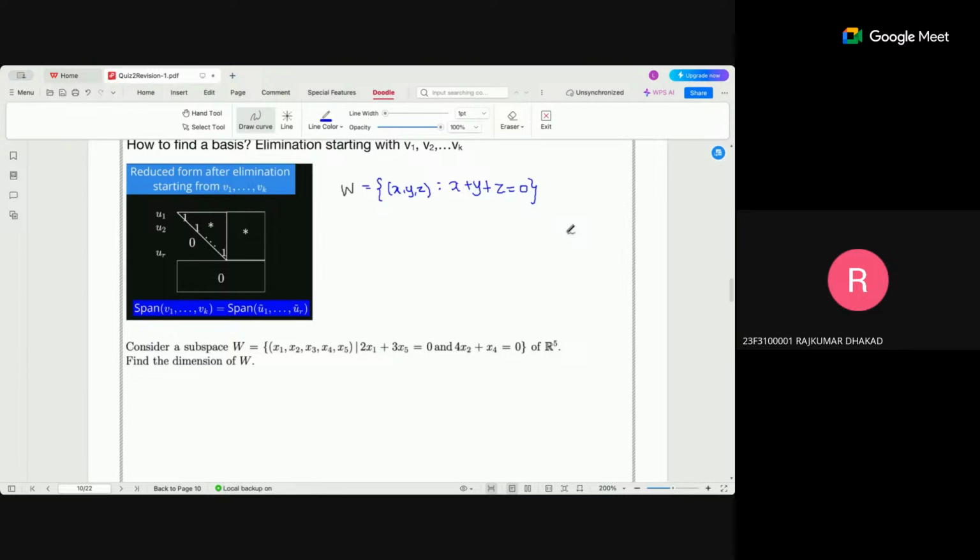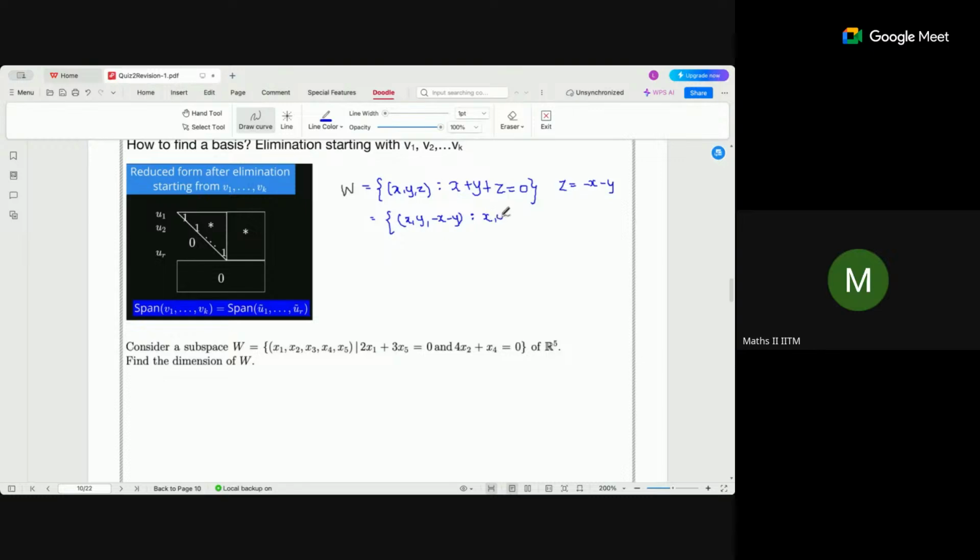Yes, take any two values. I understand your idea. What he is saying is that let us fix one of these variables. Suppose I fix z, then I can write z as minus x minus y. So you have x, y, and in place of z you have minus x minus y, right?